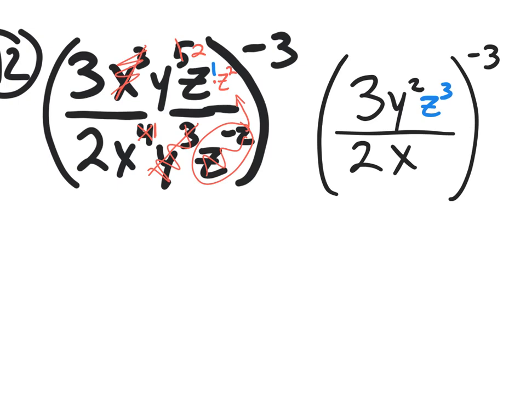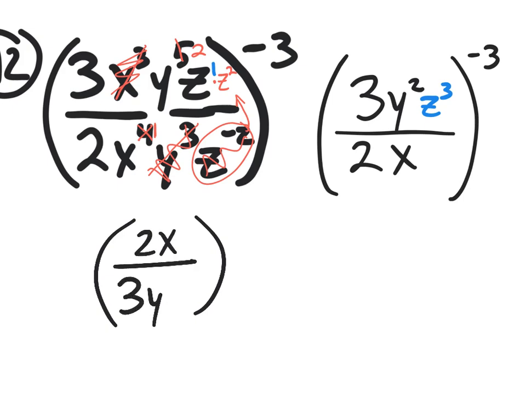If you want the other way, go for it. But I'm going to flip and then distribute. So on the inside, I'm going to have the 2x up on top. I'm going to have the 3y squared z to the third on the bottom. And that negative 3 up here, since I flipped it already, it's going to become a positive 3.